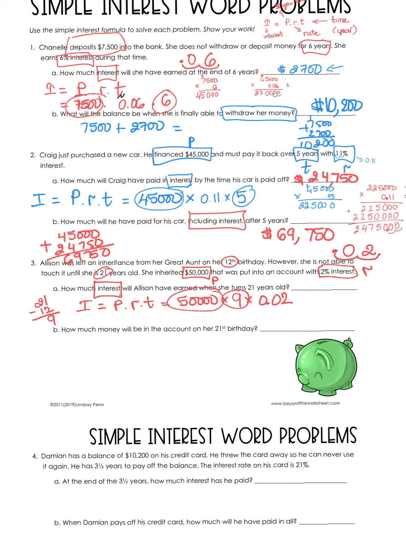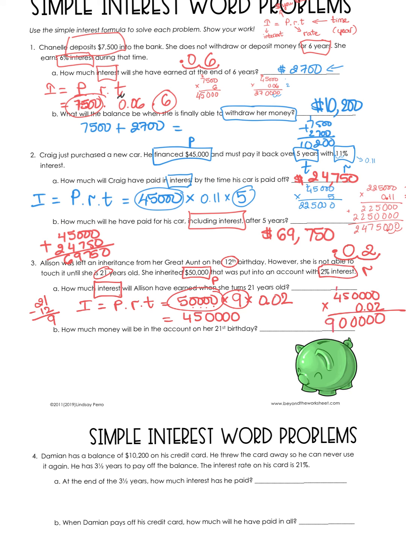Okay, again, I'm going to multiply the whole number. So 50,000 times 9. I know that 9 times 5 is 45, and we have 1, 2, 3, 4 zeros, so I just need to put it down. And then I'm going to use that number and multiply with 0.02. 2 times 0, we have 4 zeros. 2 times 5 is 10. 2 times 4 is 8.